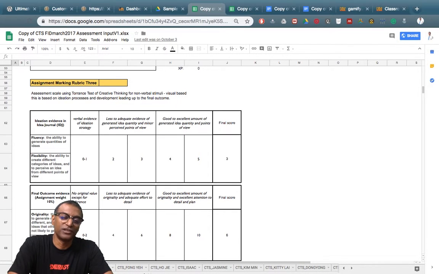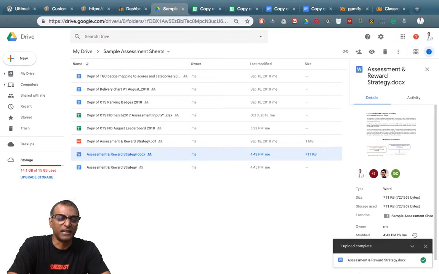In your idea journal, there are levels that you need to achieve, up to 5 points, because the total breakdown of your journal points is 20%.